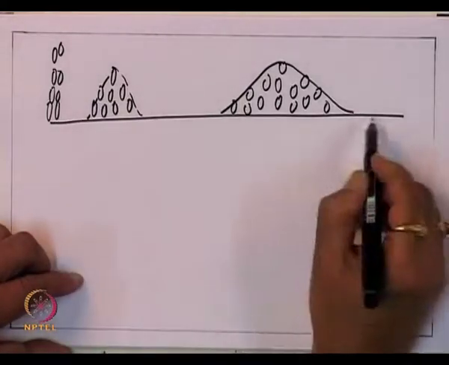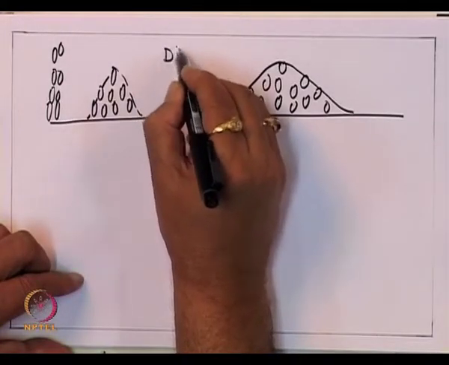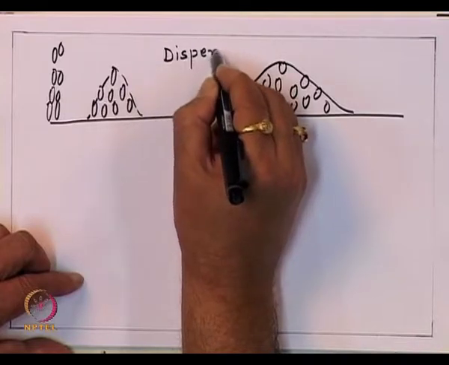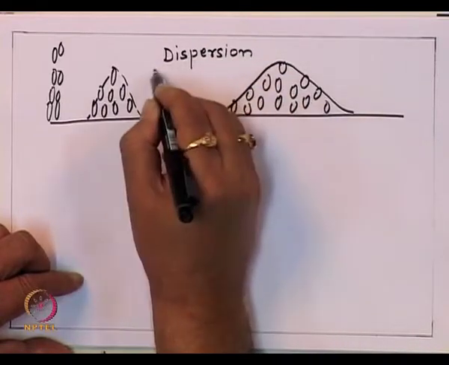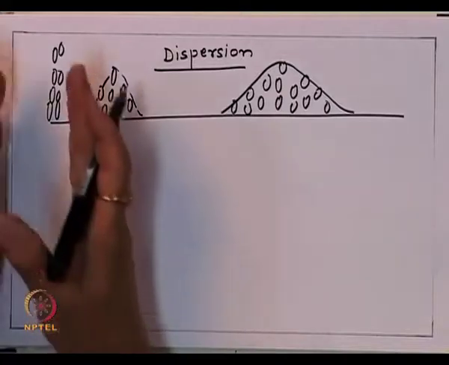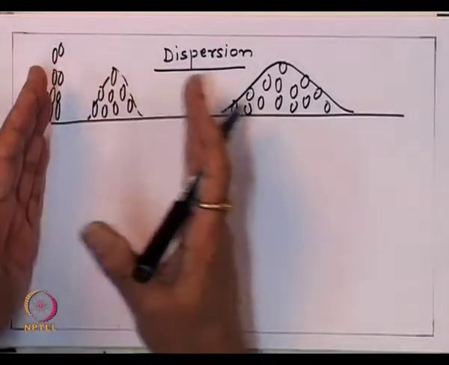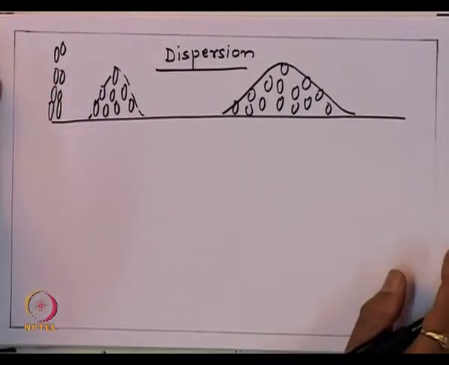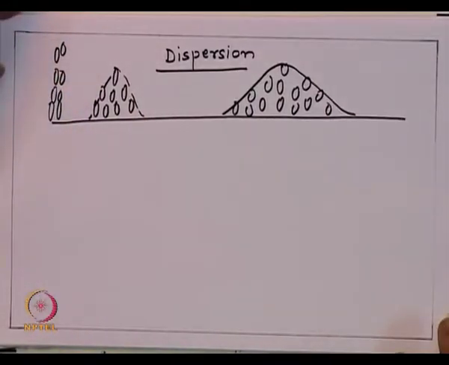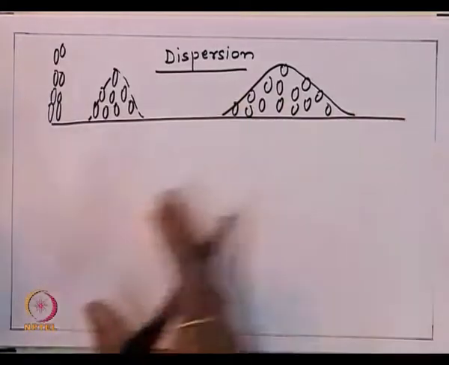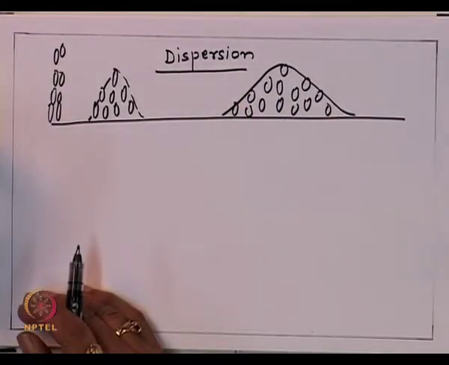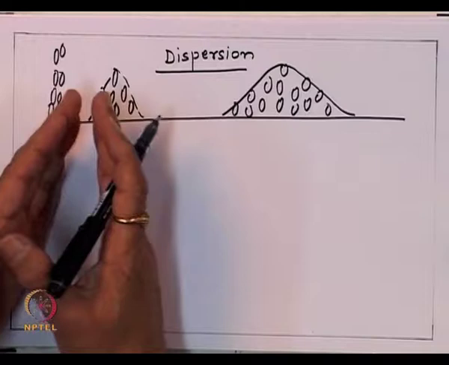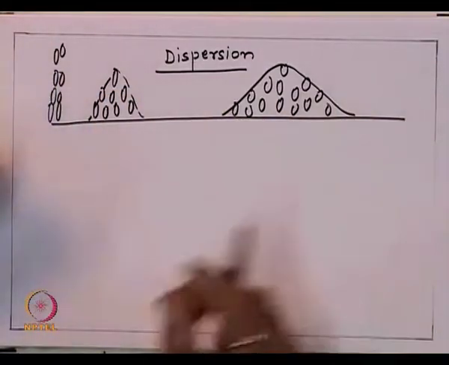This is exactly the same as the dispersion phenomenon we see: you have a crowd here which slowly gets dispersed as it starts moving in this marathon race, because each one does not run with the same speed. That is the phenomenon which gives you the pulse broadening on the optical fiber.